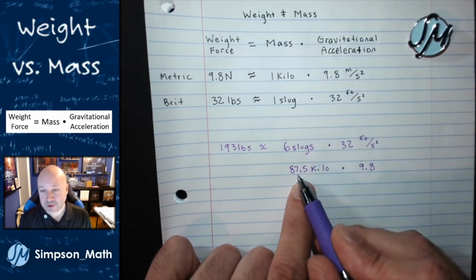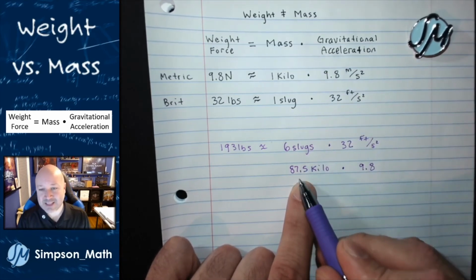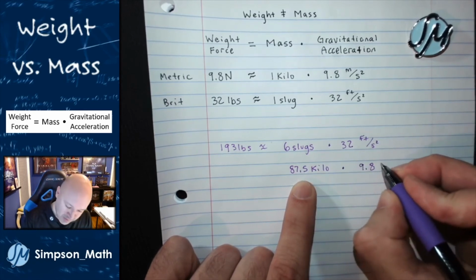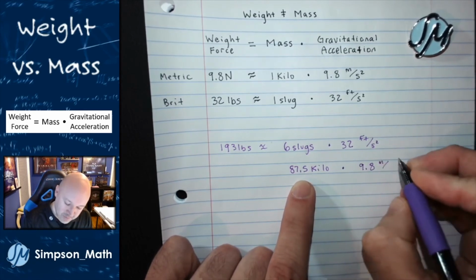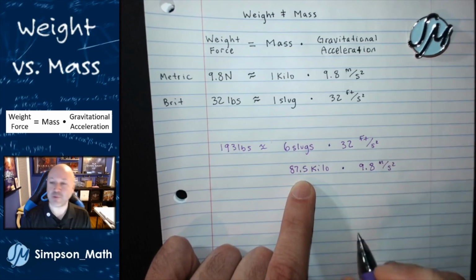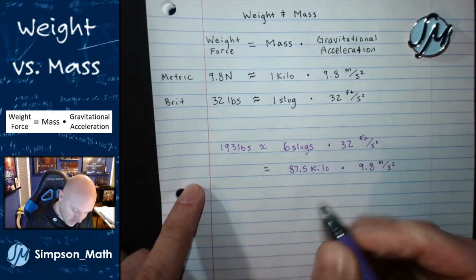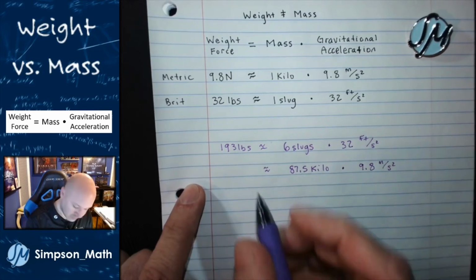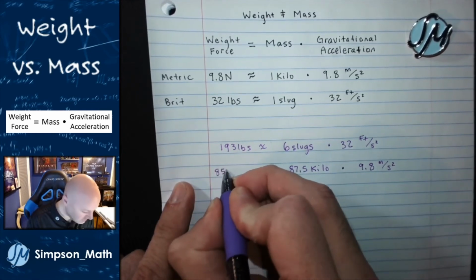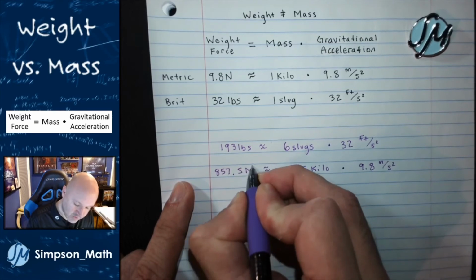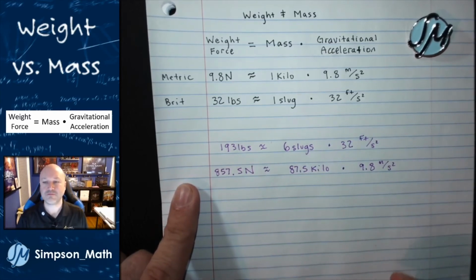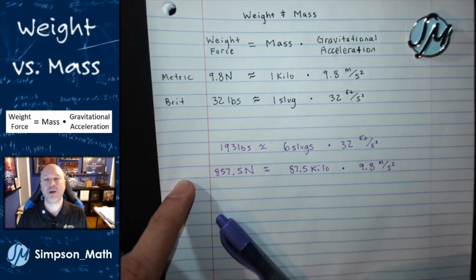So let's say you step on a scale, your mass is 87.5 kilos. You multiply that by the gravitational acceleration, 9.8 meters per second squared, and you will weigh roughly 857.5 newtons.